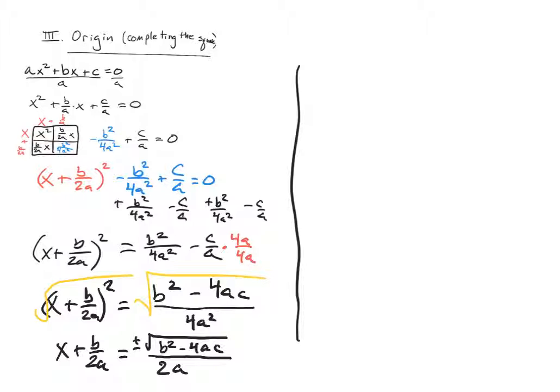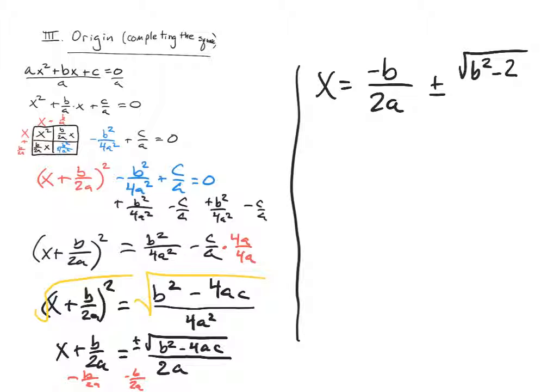So then we can subtract b over 2a from both sides. And we get x is equal to negative b over 2a plus or minus square root b squared minus 4ac over 2a. Don't need to get a common denominator because they have a common denominator.